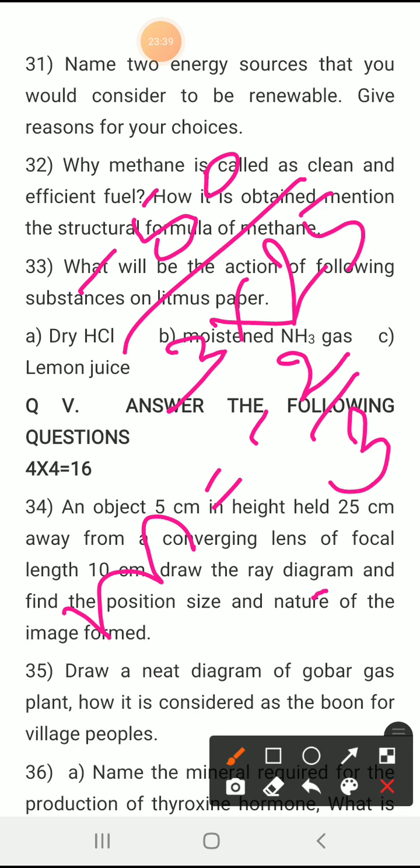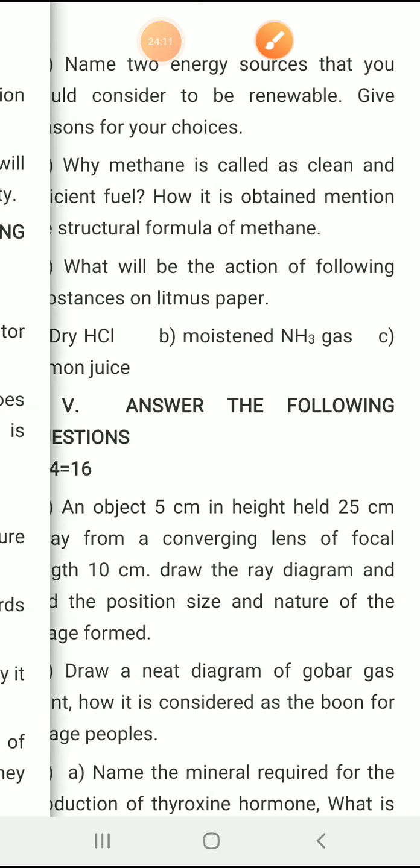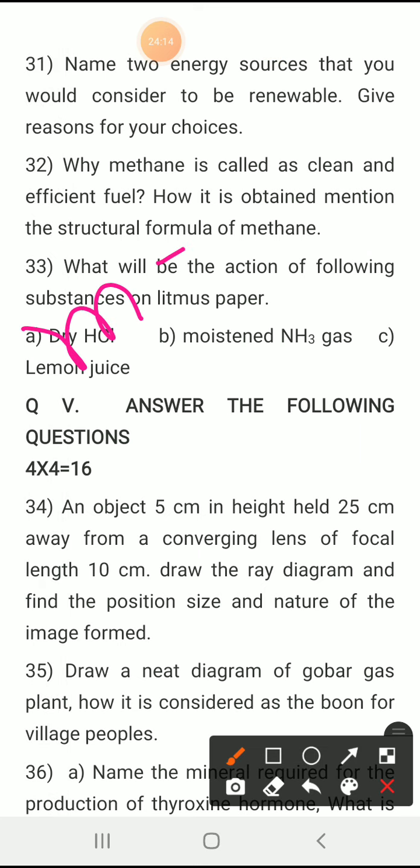We have to write the sentence like: the image will be real and inverted at 16.67 centimeters on the other side of the lens, and 2/3 of the size of the object. Again, if you find the magnification, m is equal to the height of the image divided by the height of the object, h dash divided by h, right?